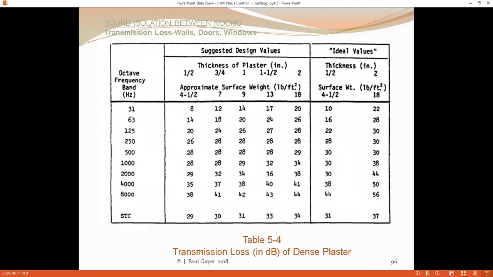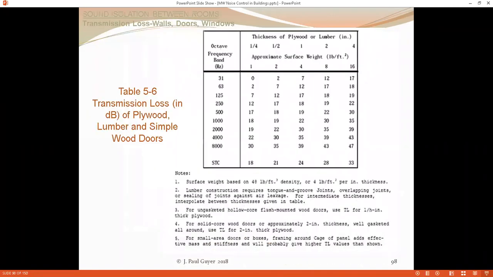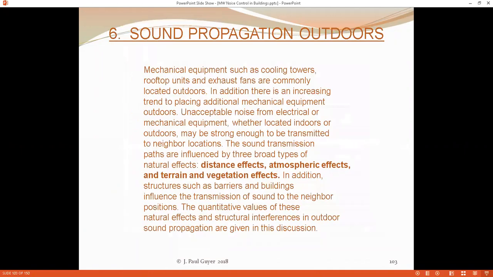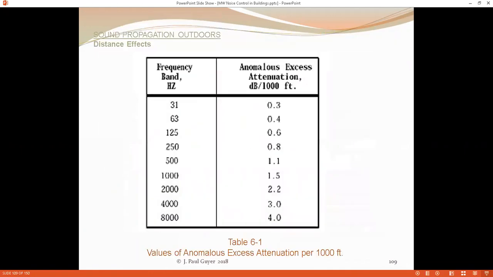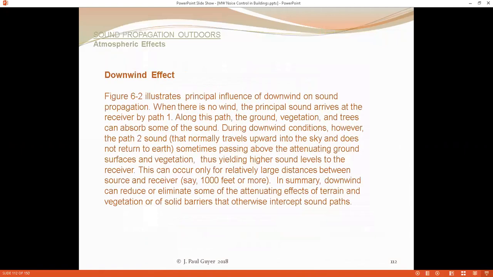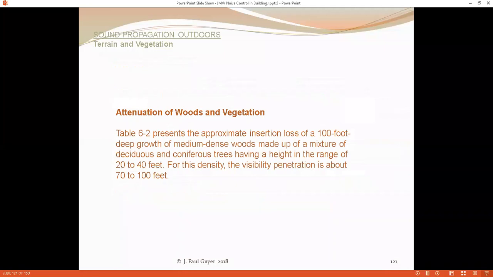And then there's more of this kind of illustrative data for different construction systems. Okay, and we don't have time to get into sound propagation outdoors. So I'm going to need to bring things to a conclusion here.